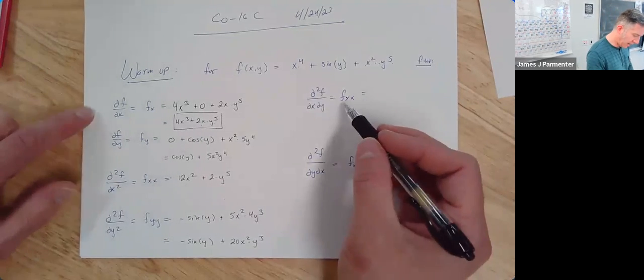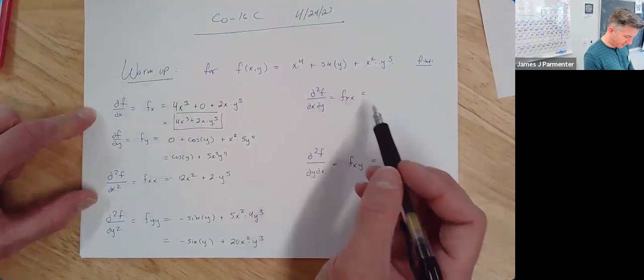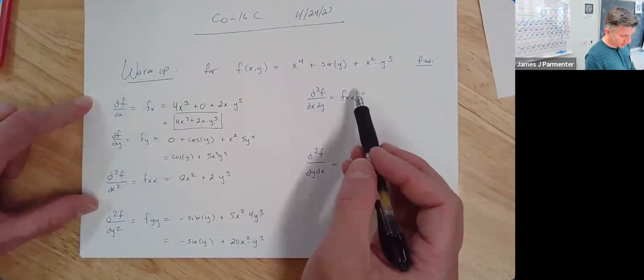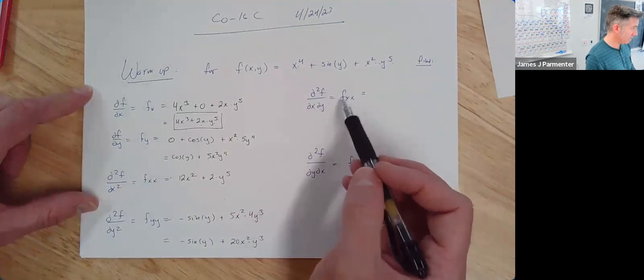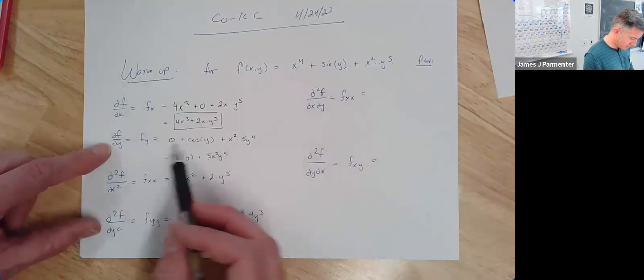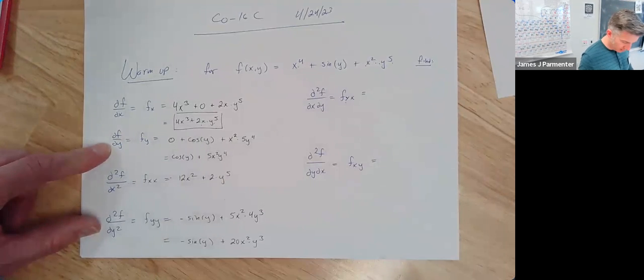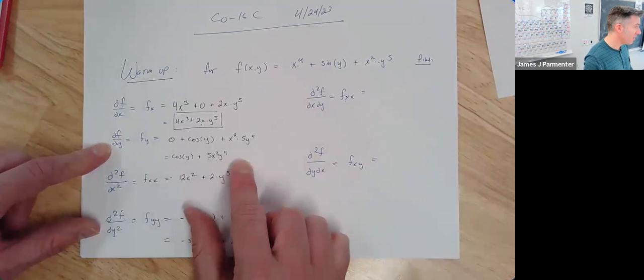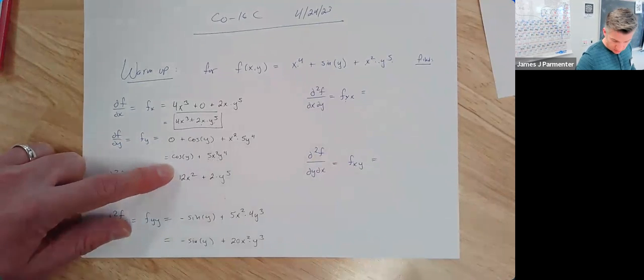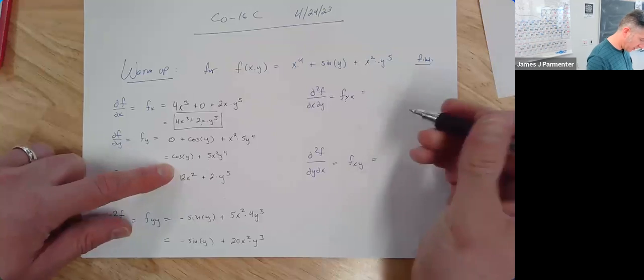Okay, so now for fyx, or del squared f del x del y, this is where we do y first and x second. So if we look at y first, here's fy, and from here I'm going to take the derivative of that with respect to x. You can write that down if you want to, I don't think you need to.